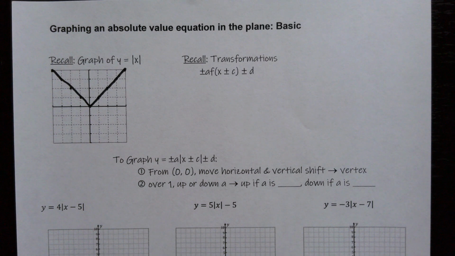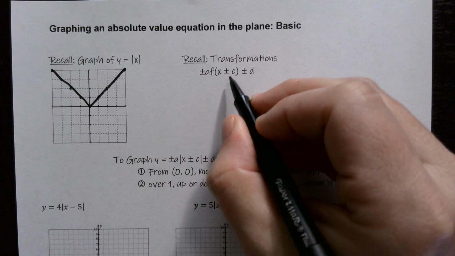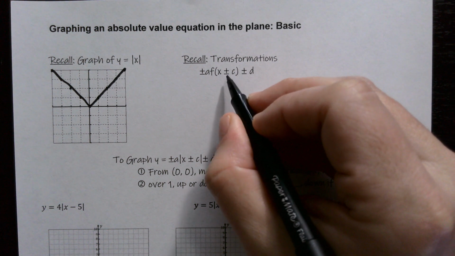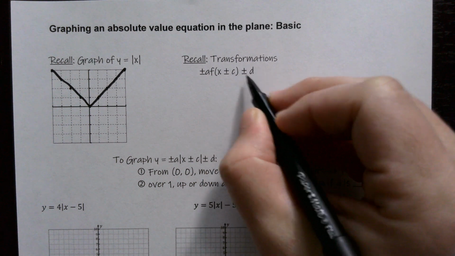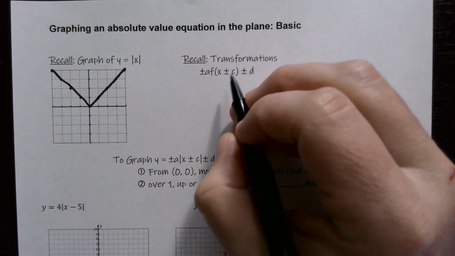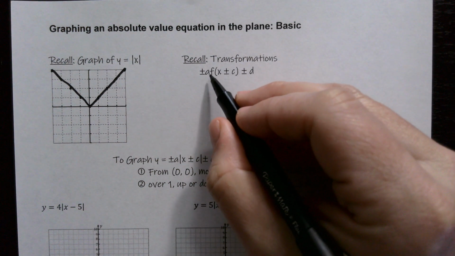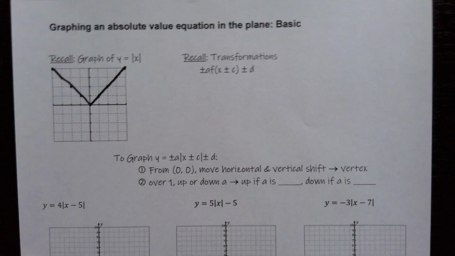So what we're going to do is transform some of these around, move them around with some up and down, left and right motion. Recall that the numbers on the inside of the function make it go left and right, and it's opposite of the sign. The numbers out here make it go up and down, and it's the same as the sign. And the A determines how skinny or wide the graph is.